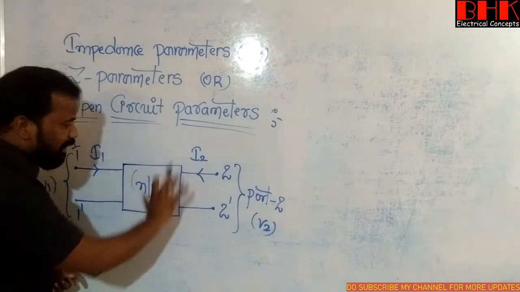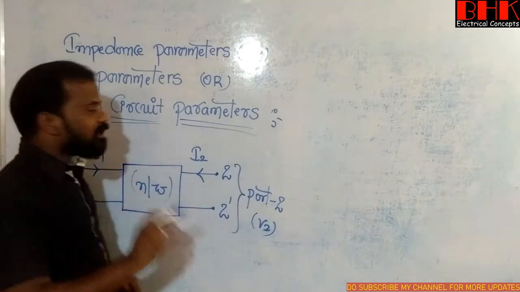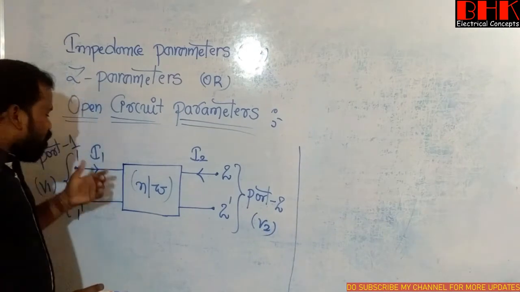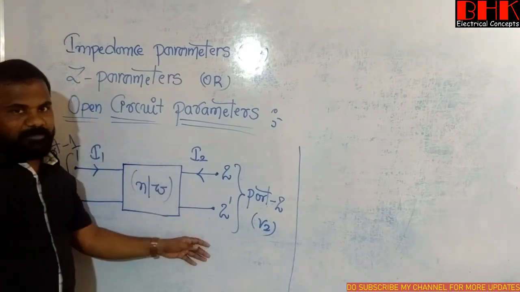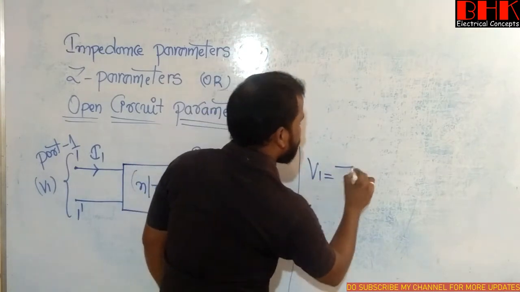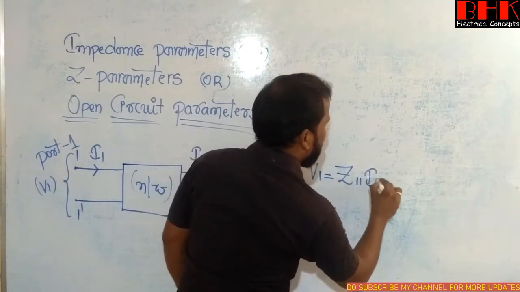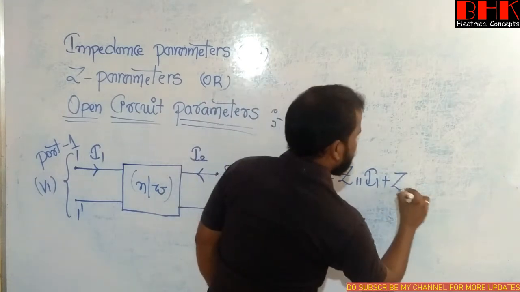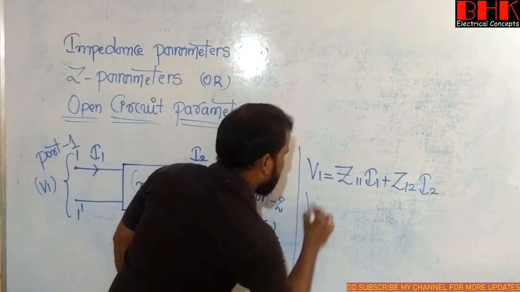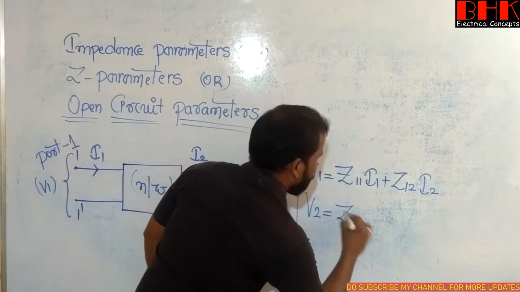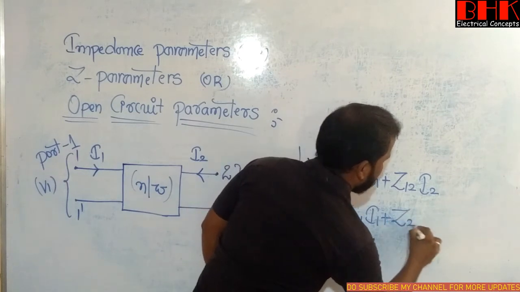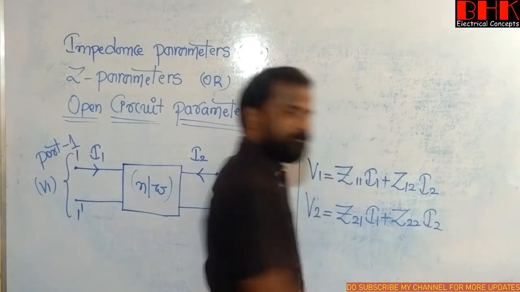Clear? Now with the help of this two port network, we have two equations, and these two equations are voltages in terms of currents. Clear? Now see here. V1 is equal to Z11 I1 plus Z12 I2, and V2 is equal to Z21 I1 plus Z22 I2. Clear?